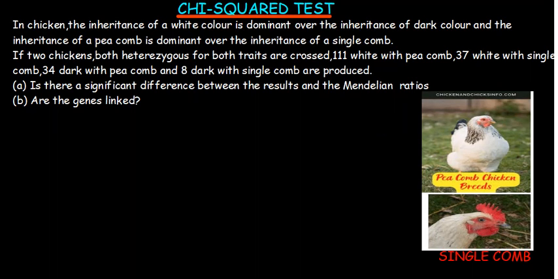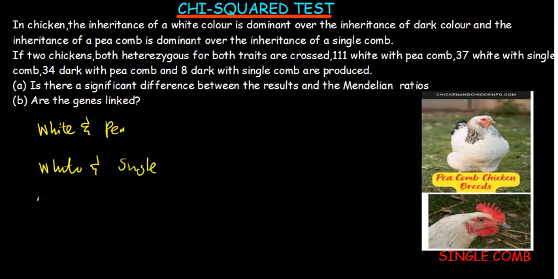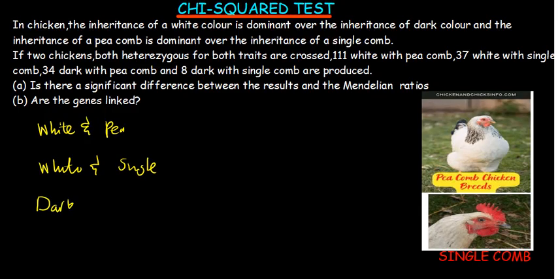So what we are going to be putting is white and pea comb, and also white and single comb, also dark and pea comb, and also dark and single comb.